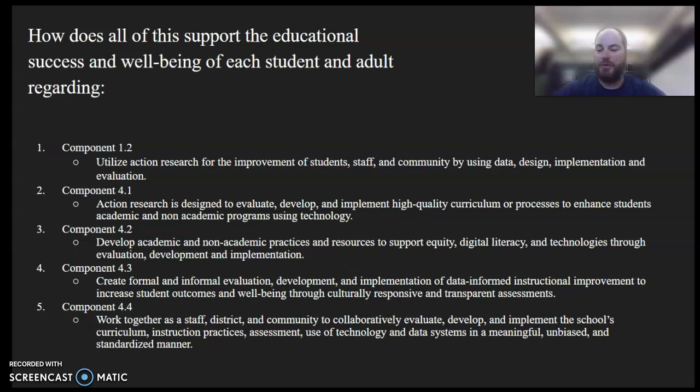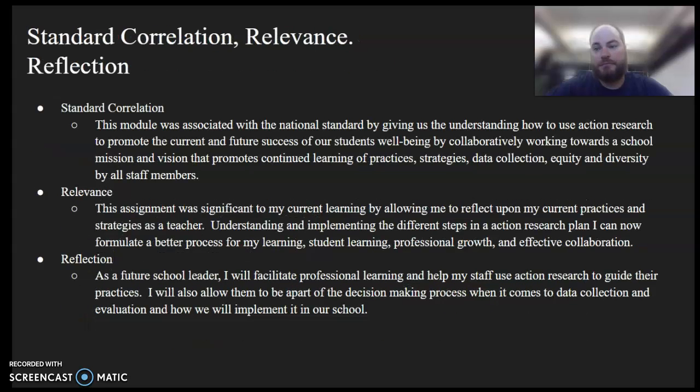And component 4.4 is we're going to work together as a staff, a district, and a community to collaborate, evaluate, develop, and implement the school's curriculum, instructional practices, assessments, use of technology in a meaningful, unbiased, and standardized manner.